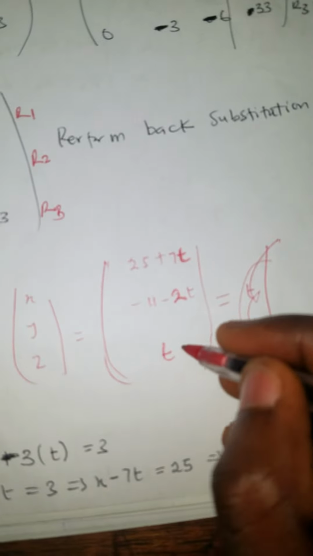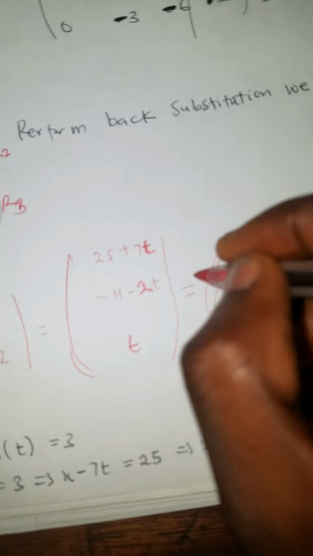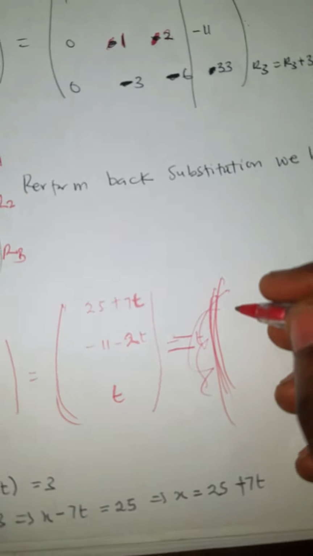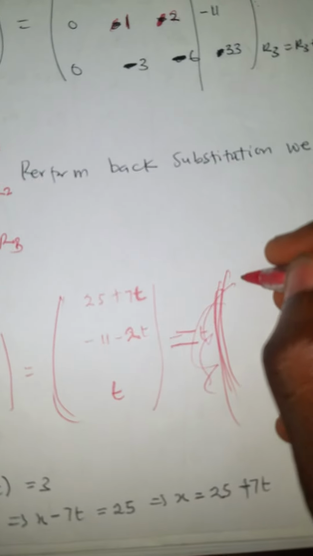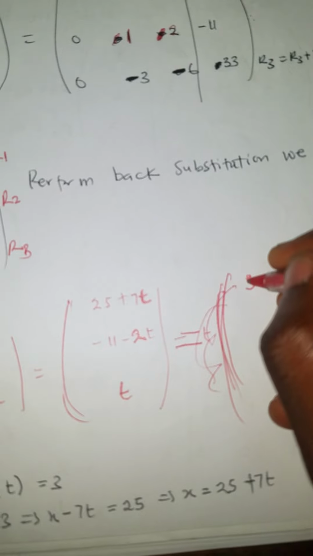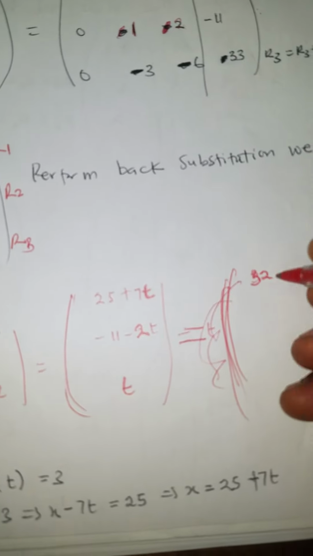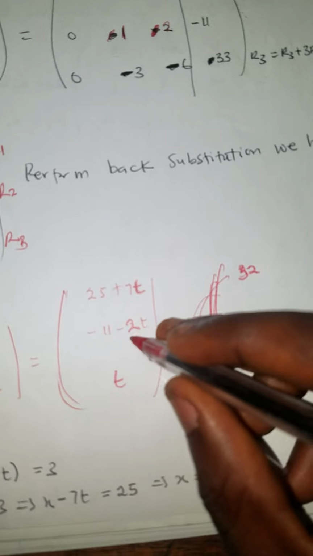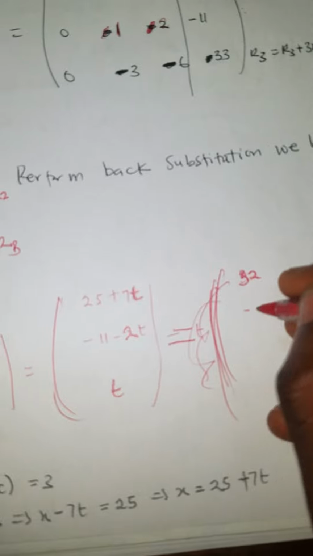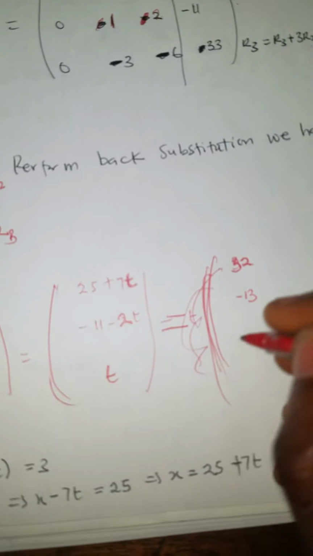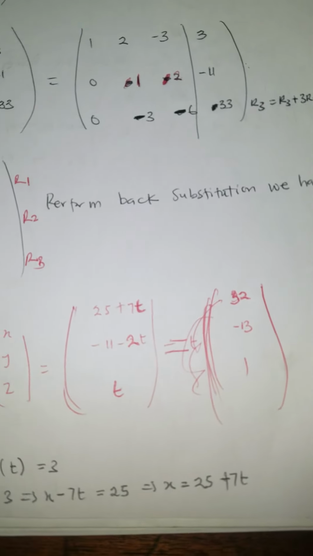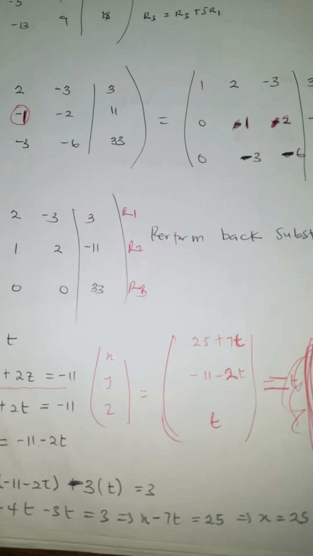If I make t equal to 1 or z equal to 1, this will be 25 plus 7 is 32, then minus 11 minus 2t would have been minus 13, then 1. This would have been my answers, and we are all correct using anything.